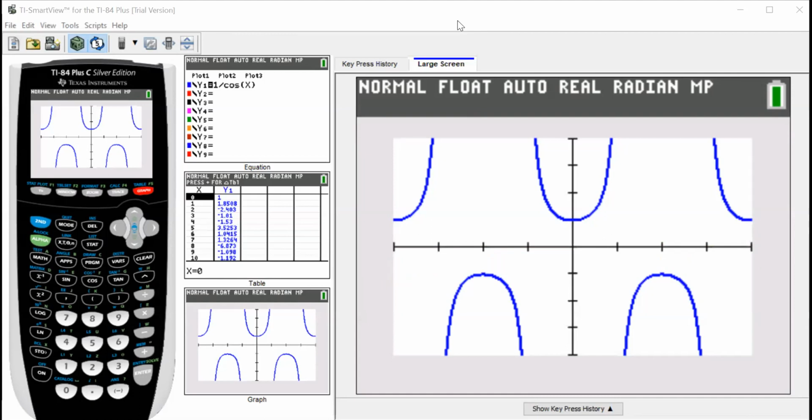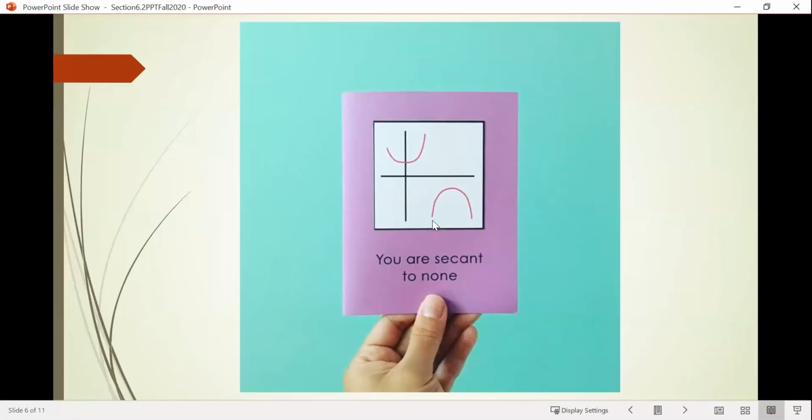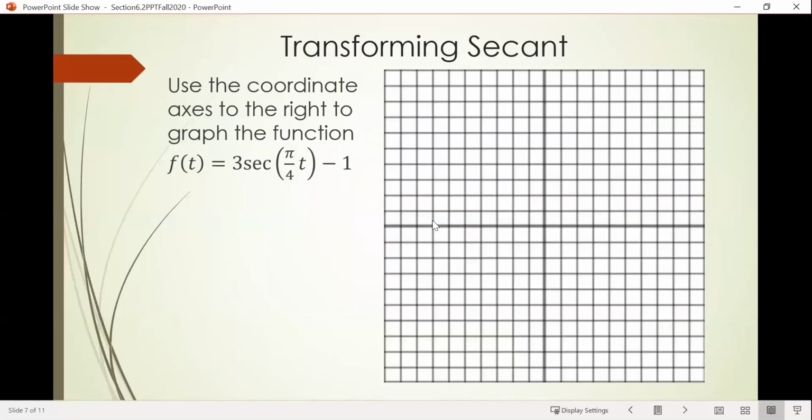Well, if I go back to my PowerPoint here, we're going to look at graphing a secant function by hand. We're given the function 3 times secant of pi over 4 t minus 1, so it's been transformed. To figure out how to draw the graph of the new function, we'll want to use some of the principles we use with sine and cosine to identify things that we'll call the amplitude and the midline.